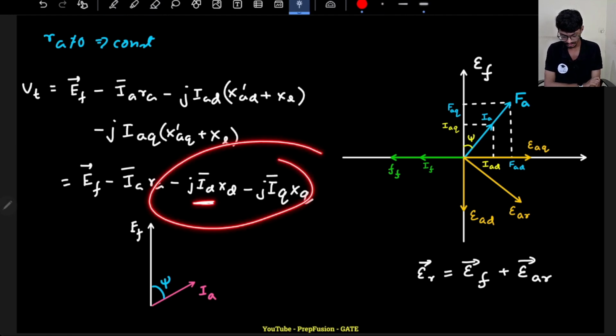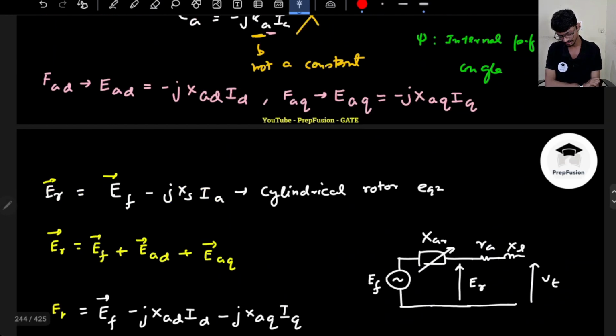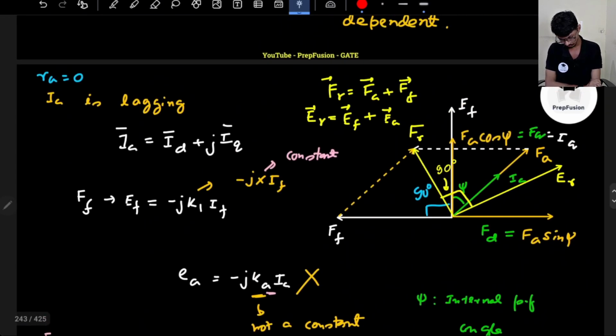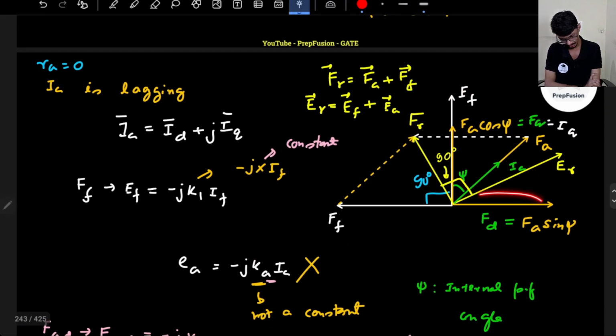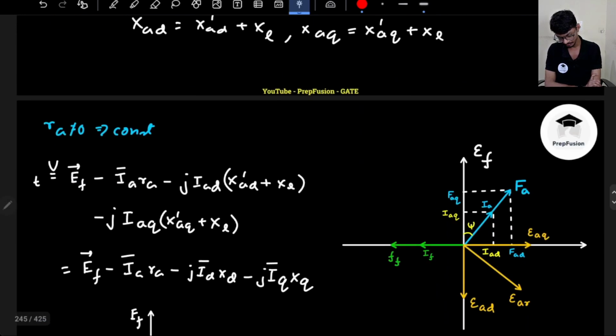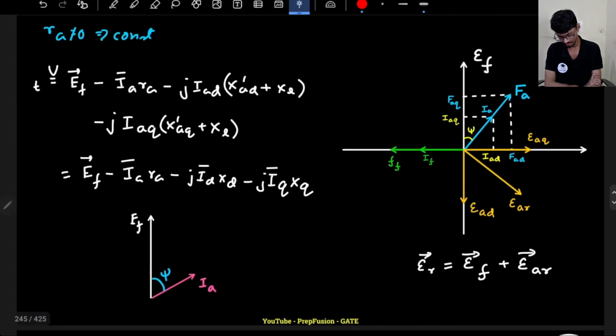Okay. So what is ID basically? ID will be, if you remember, what was ID? ID was here, right, along this direction, that it is 90 degree perpendicular to EF. So it will be IA sin psi. So ID will be in this direction.